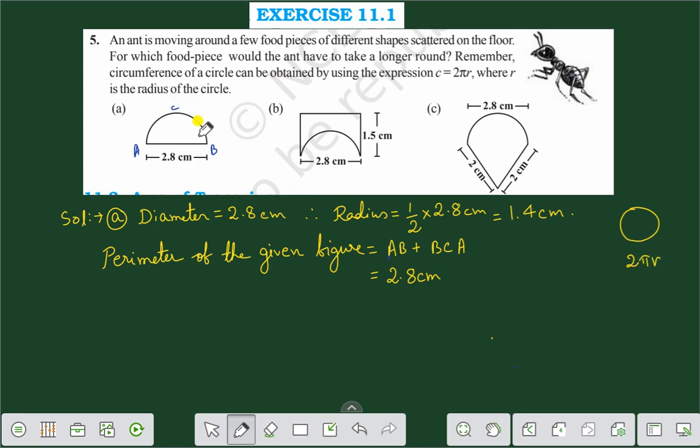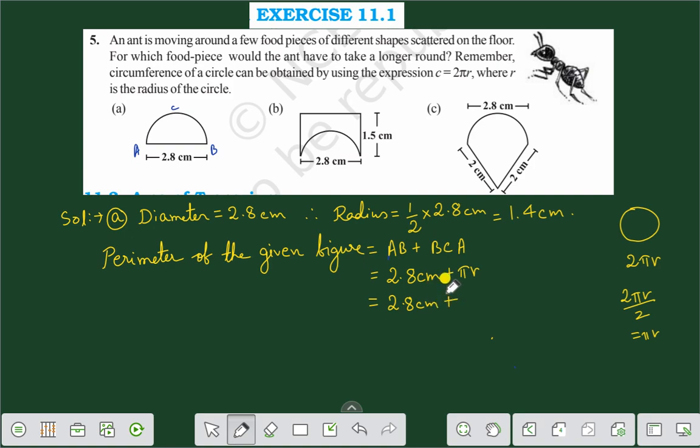Therefore, it is semicircular, so half of the circle's perimeter is 2πr by 2, that is equal to πr. Therefore, the curved region BCA is πr. We are getting 2.8 centimeter plus π.